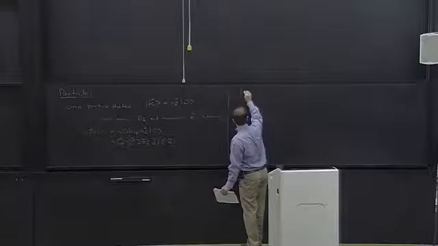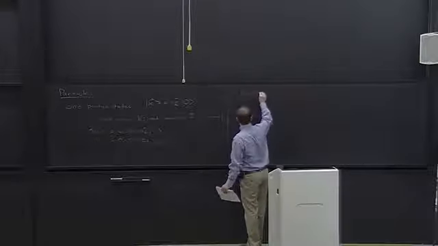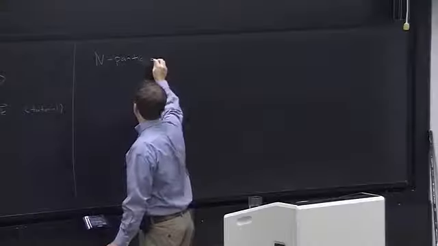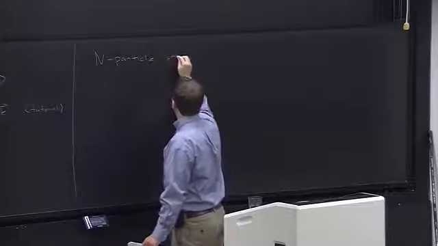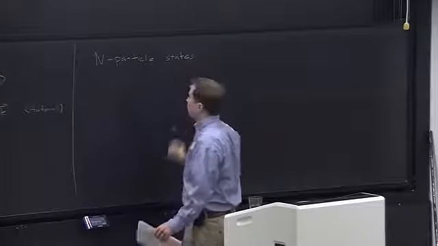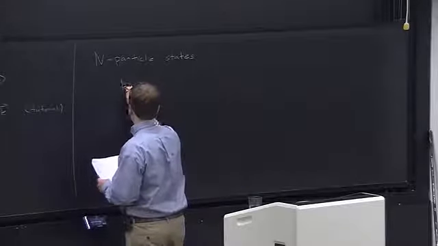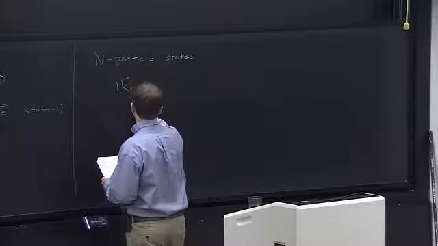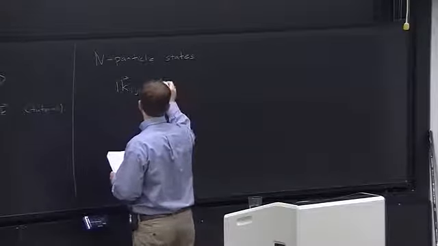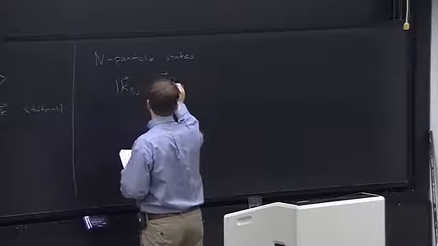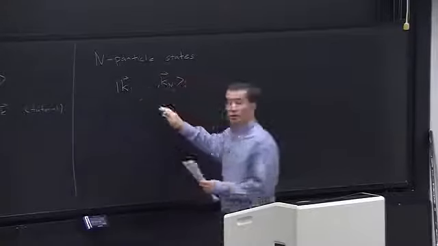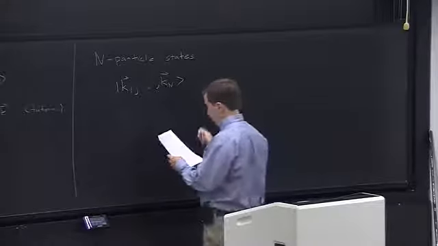So we can construct n particle states just by acting with n creation operators on the vacuum. And we will denote the n particle states as |k1 up through kn⟩, where we just enumerate the momenta of each of the particles.